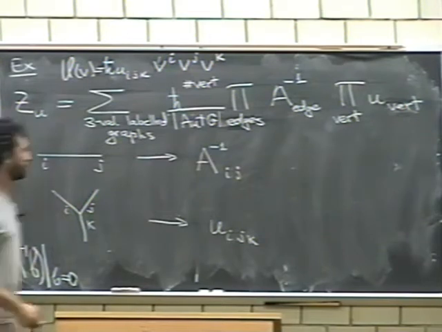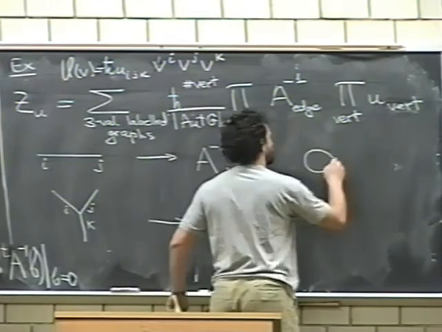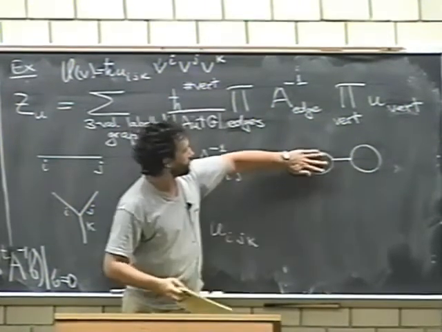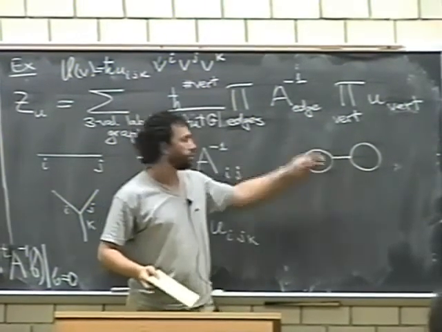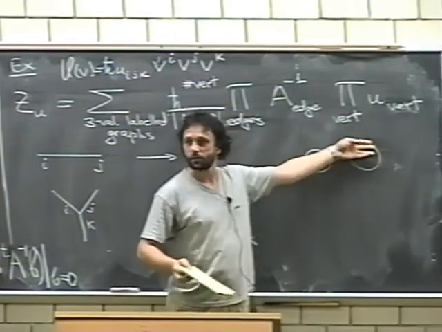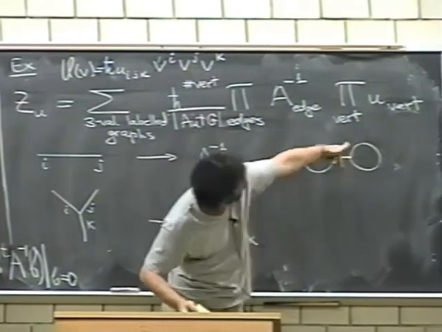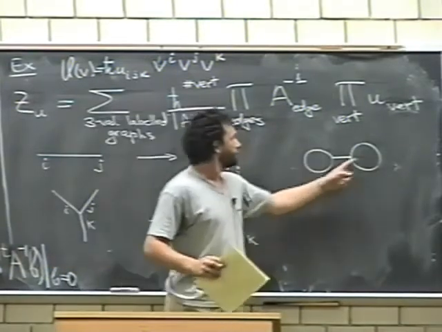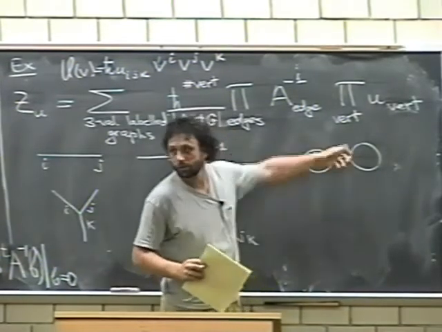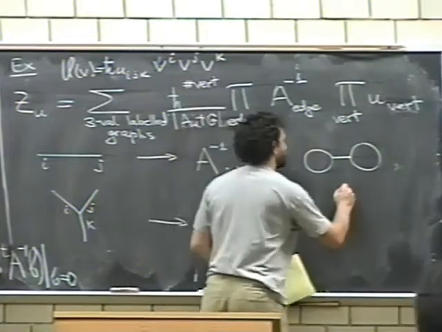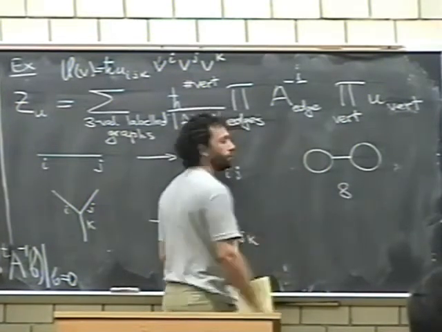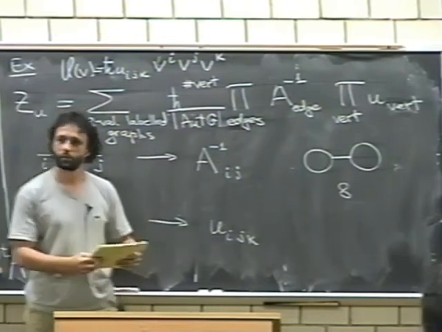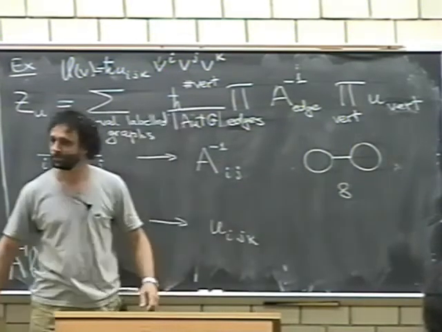So let's see. For a graph of that sort, first I can rotate this, then I can rotate the whole picture. We have 3 possible automorphisms of order 2. So totally the whole symmetry, the number of automorphisms, is 2 to the power 3, because I can also combine them.